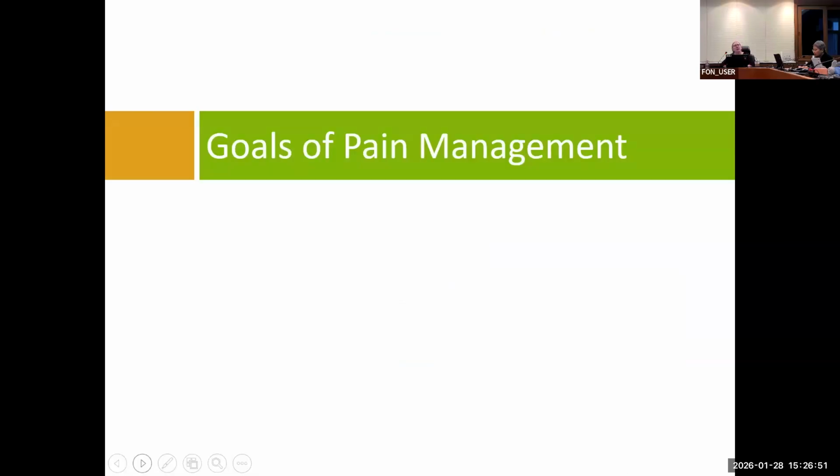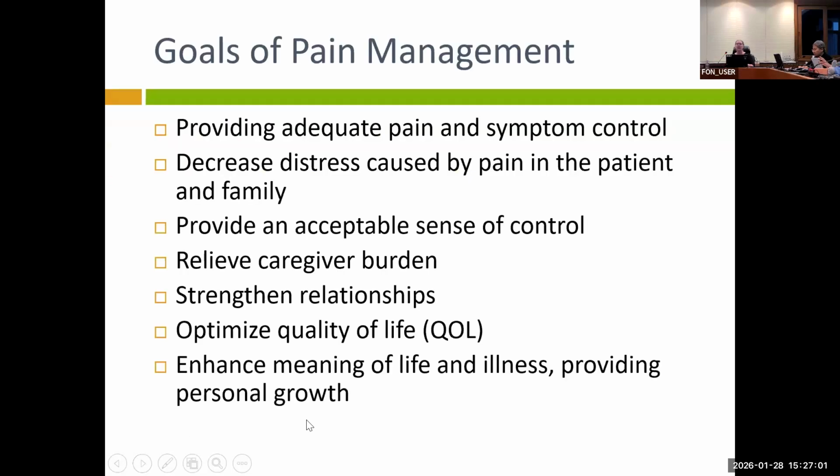So let's talk a little bit about our goals of pain management. We talked about the assessment, and now we're going to talk about the goals. First of all, our goal really is to optimize quality of life. I really should have put that as number one on this list. We want to provide adequate pain and symptom control.